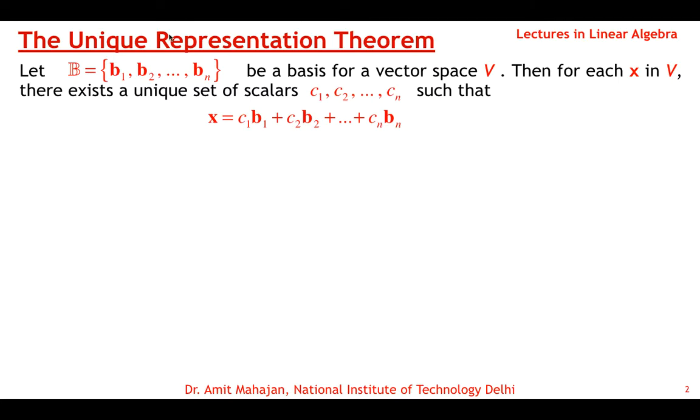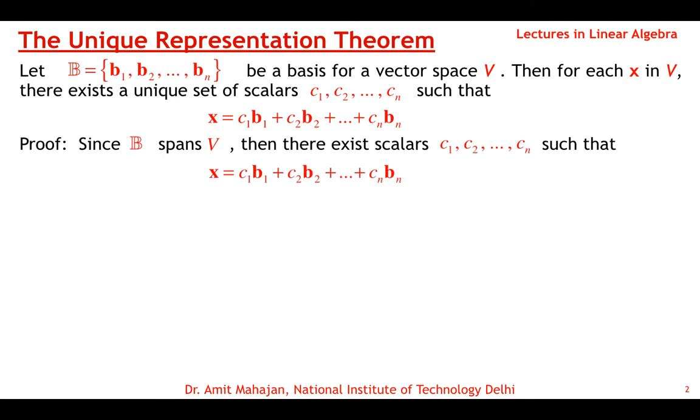But this unique representation theorem says that this set of scalars c1, c2, cn has to be a unique set. Okay, so we are going to prove that this set of scalars is unique. Let us start with that.